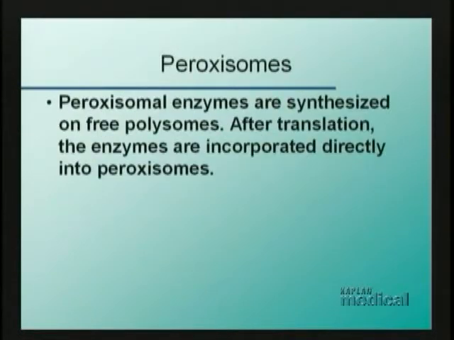Peroxisomal enzymes are very different in the sense that, as we alluded to earlier, they are synthesized on free polysomes, and after their translation are incorporated directly into peroxisomes without the modification, sorting, and packaging that takes place in the Golgi apparatus.